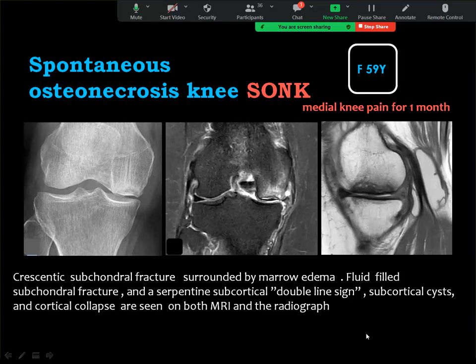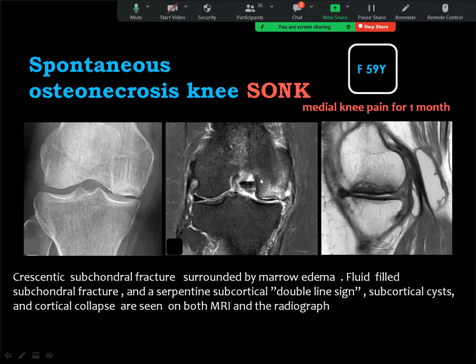And this is seen in old patients with some osteoporosis, and there is flattening of the articular surface of the medial femoral condyle with some collapse and bone marrow edema.